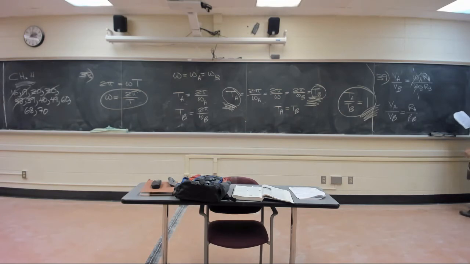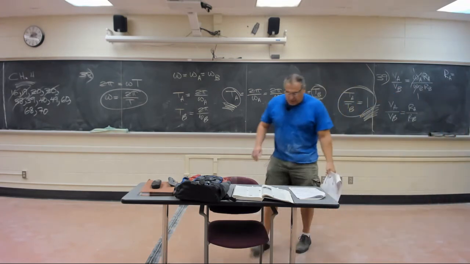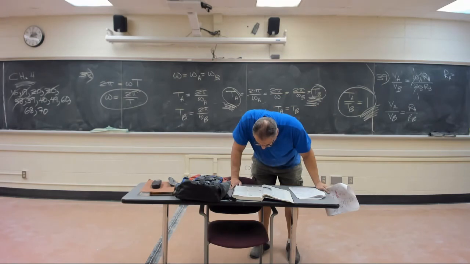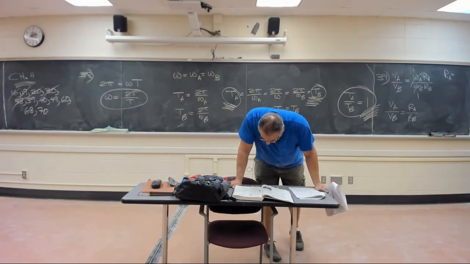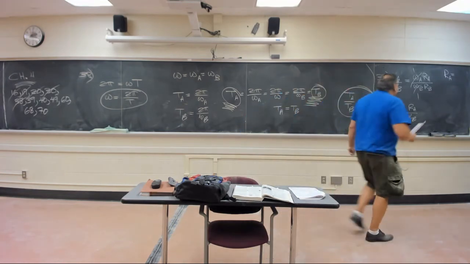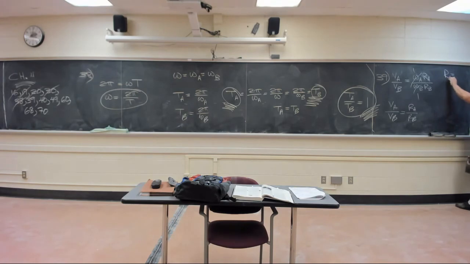They also told us that particle A's circle has a radius that is twice the radius of particle B's circle. Let me just be sure. R A equals that.